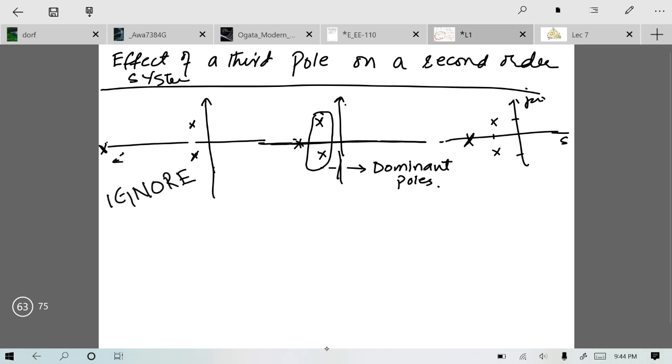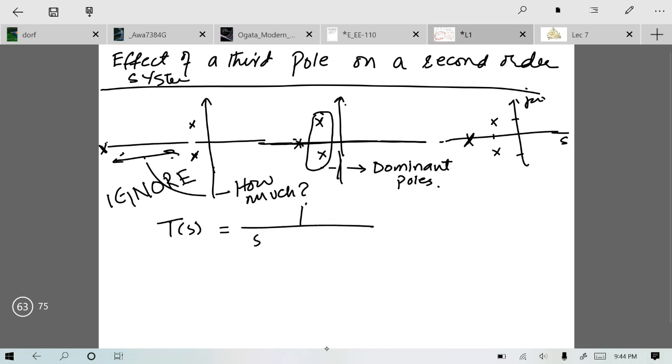But how much far away? For example, if you have a system with a transfer function where T of S is equal to 1 over S square plus 2 zeta omega n s plus omega n square, this is a second order system, and you have a gamma S plus 1 another pole attached to this second order system.